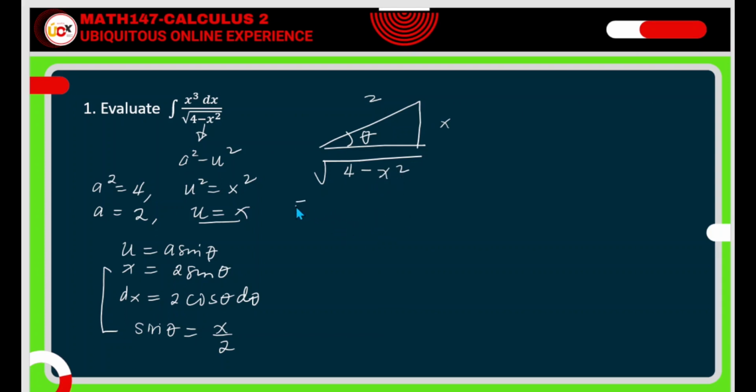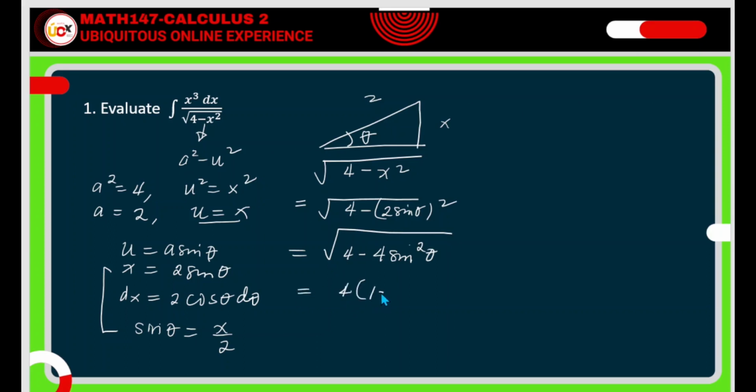By rewriting this as the square root of 4 minus x squared, where x is 2 sine theta, replacing x by 2 sine theta and taking the square, we can rewrite this as 4 minus 4 times sine squared theta. Then we factor out 4, so we have 1 minus sine squared theta.